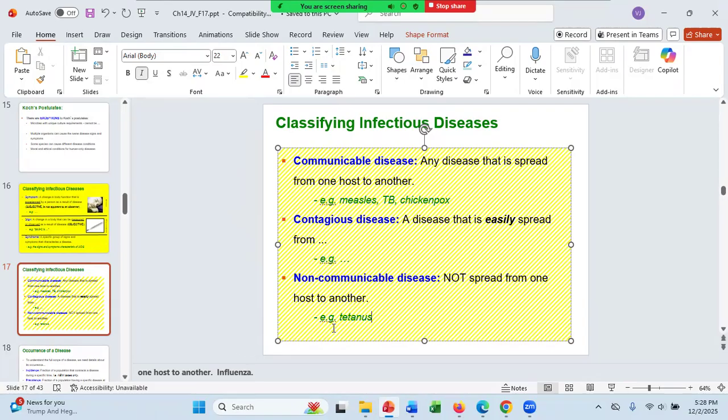The most likely case of tetanus spreading from one patient to another is if a patient gets tetanus and then a cannibal were to eat that patient. Other than that, tetanus is non-communicable.